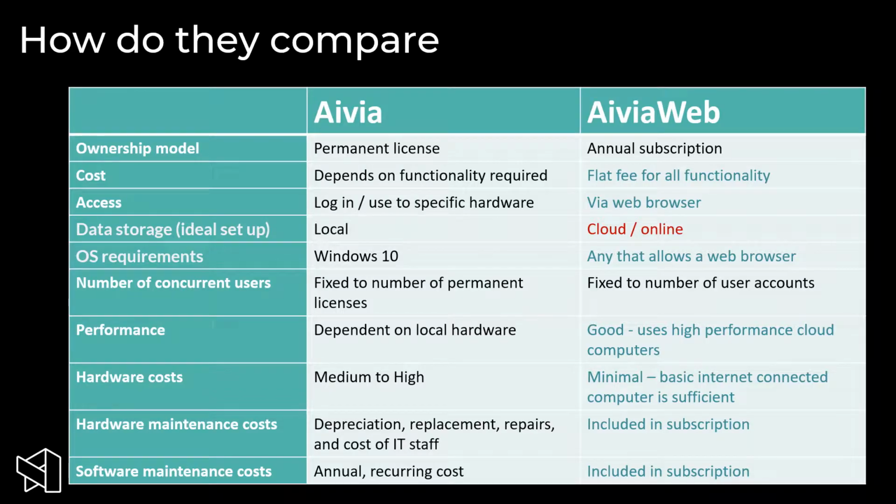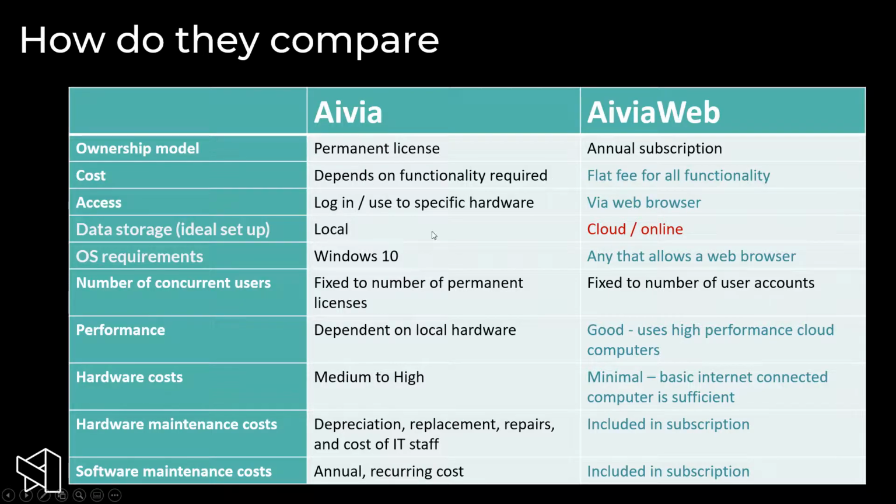So this slide summarizes the key points of similarity and difference between Aivia and Aivia Web. I've highlighted in a teal color all the items on the Aivia Web that one could perceive as favorable versus Aivia.